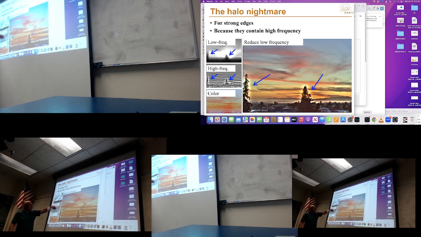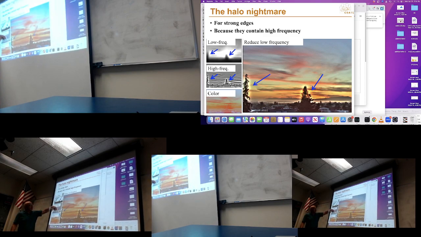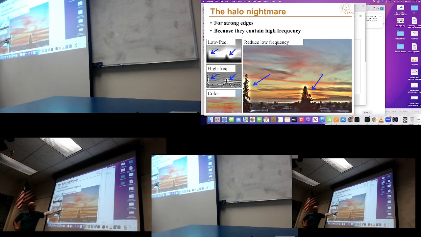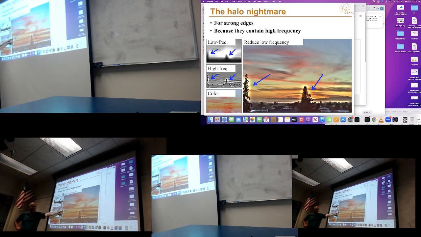The pixel right here in between knows that it is in the sky, not in the tree, but when it wants to do a smoothing filter, a low pass filter, it takes the average, a weighted average, convolved with a Gaussian, etc. This pixel looks at itself, but also takes into account some of the pixels of the tree, which affects the low pass, which in turn affects the high pass, which at the end of the day gives much higher intensity near the tree.